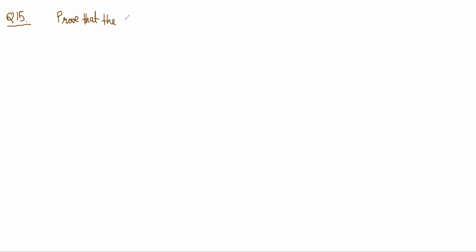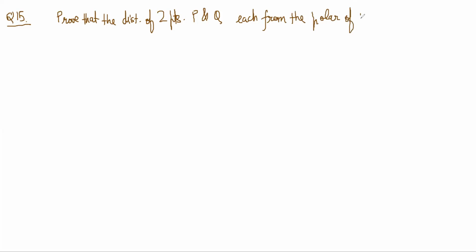Prove that the distances of two points P and Q, each from the polar of the other with respect to a circle, are to one another as the distances of the points from the center.